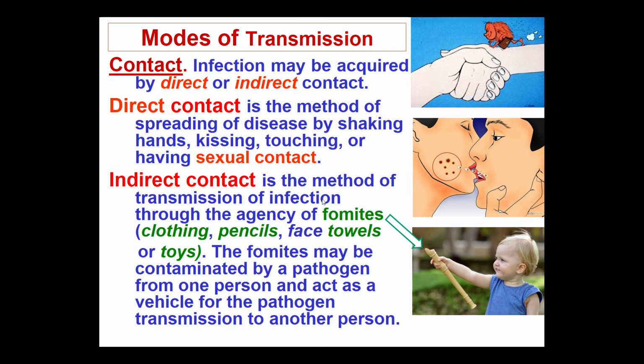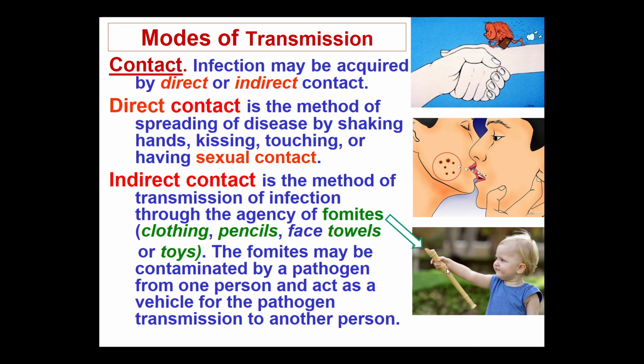Indirect contact is the method of transmission of infection through the agency of fomites. Fomites are different things that may be infected by one person and taken to another person, and through this fomite the other person also may acquire the disease. Fomites, for example, are clothing, pencils, face towels, and toys.